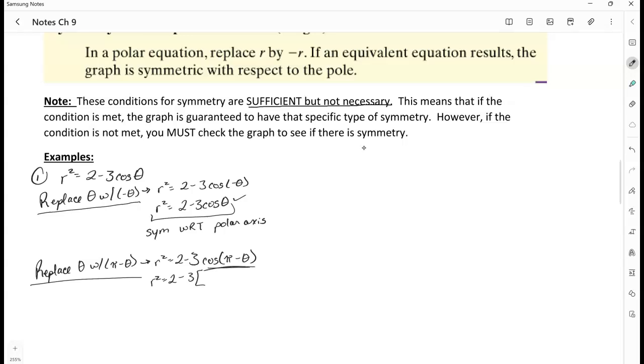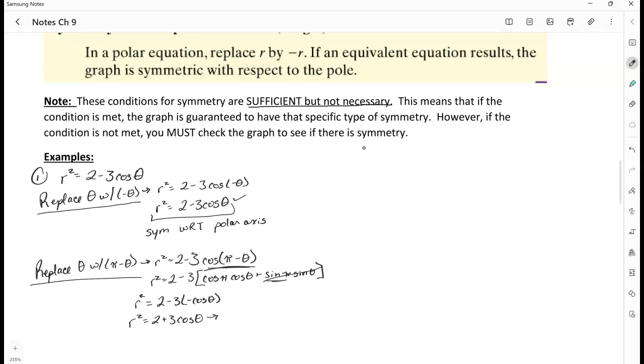I can use the difference formula for cosine here, and that's going to be cosine of pi cosine of theta plus sine of pi sine of theta. And we know that cosine of pi is negative 1, and we know sine of pi is 0. So r squared equals 2 minus 3 times negative cosine of theta.